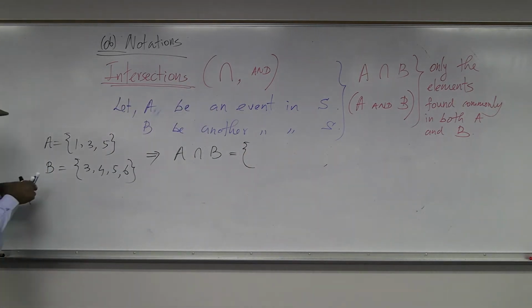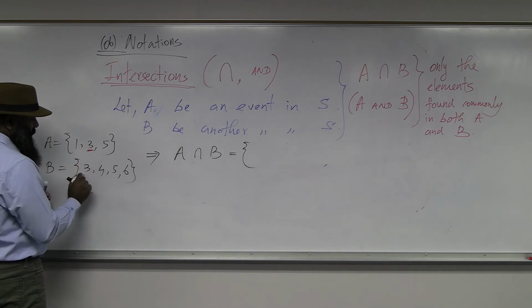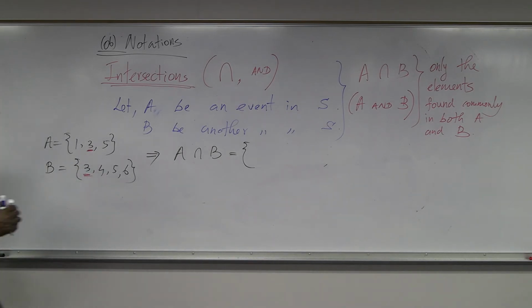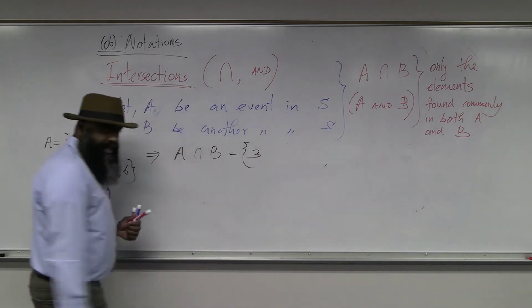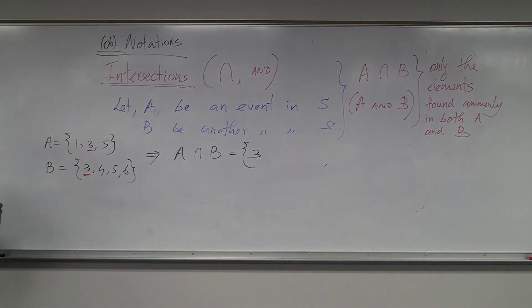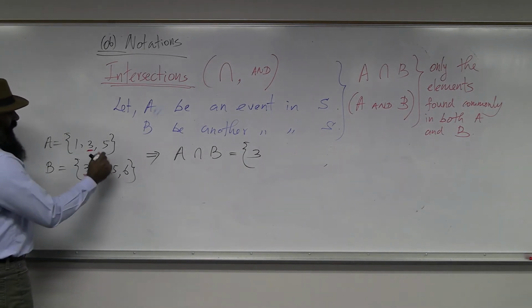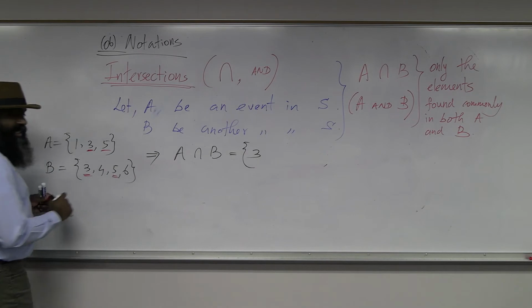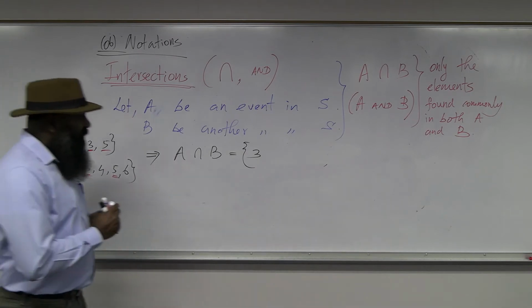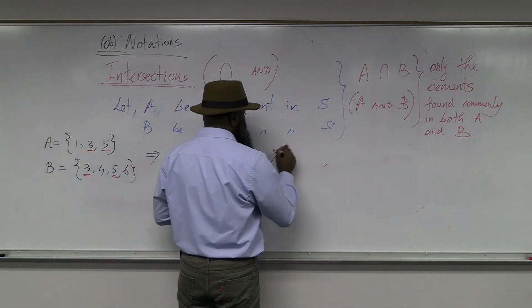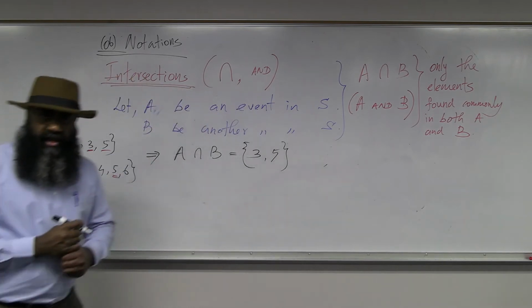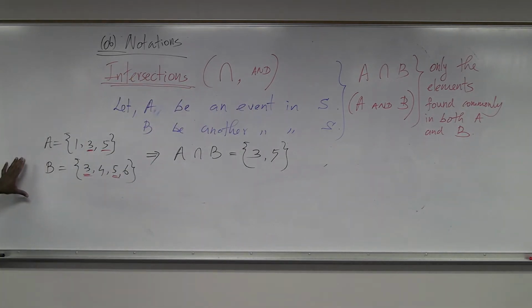Well, I can see 3 in both places. So 3 will be an element in the intersection. And other than that, I can only see 5 in both sets. So 3 and 5 will be the only possible elements in A intersection B for this case.